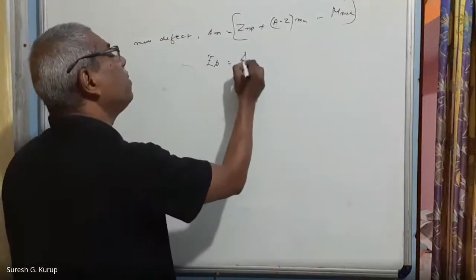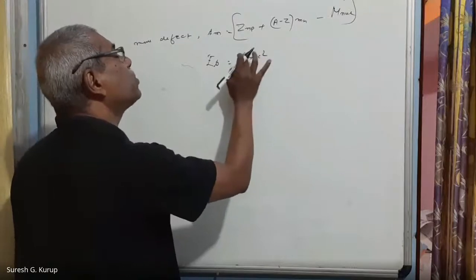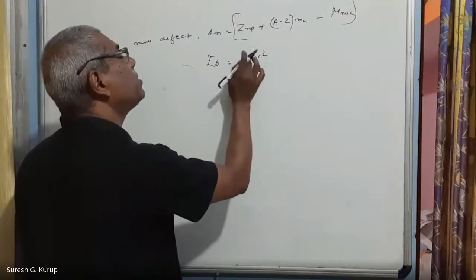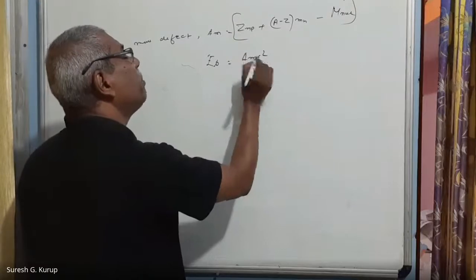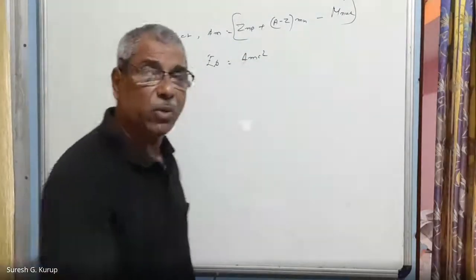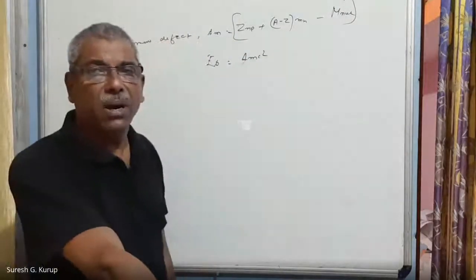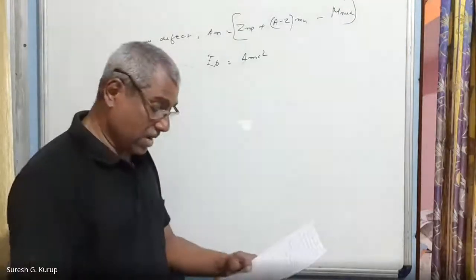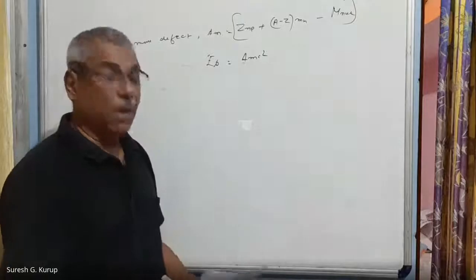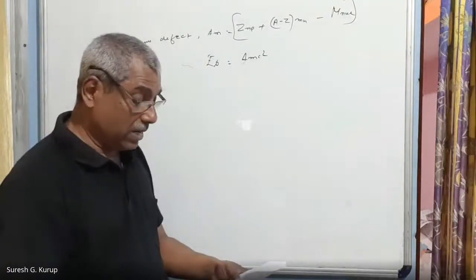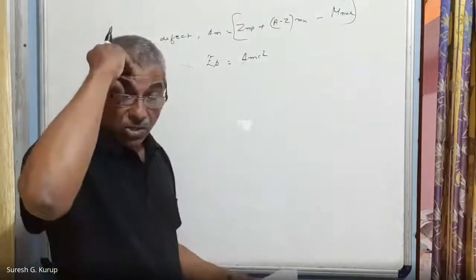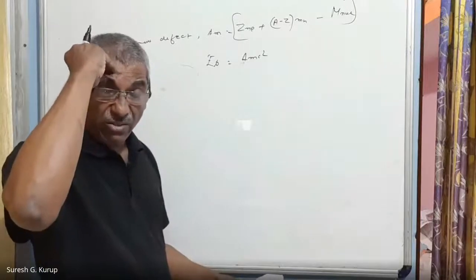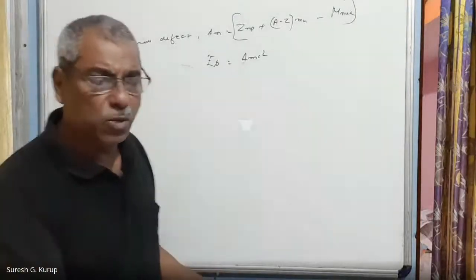EB is equal to delta M into C square, where delta M is the mass defect. So everybody knows what is mass defect. Mass defect into the square of the velocity of light is what is called binding energy, denoted by EB.